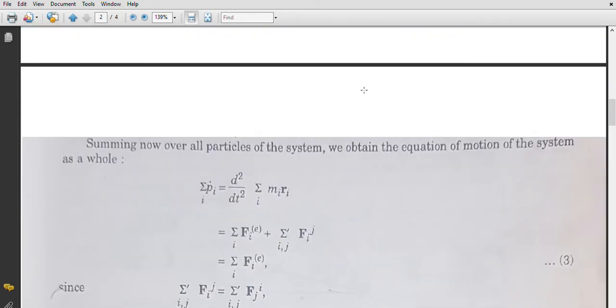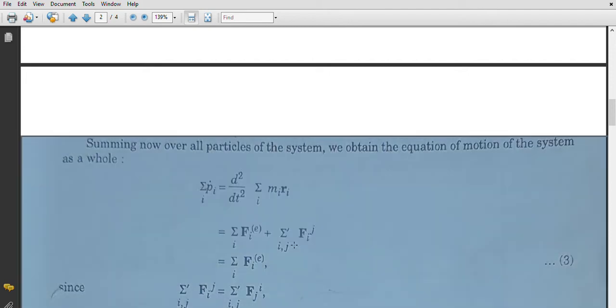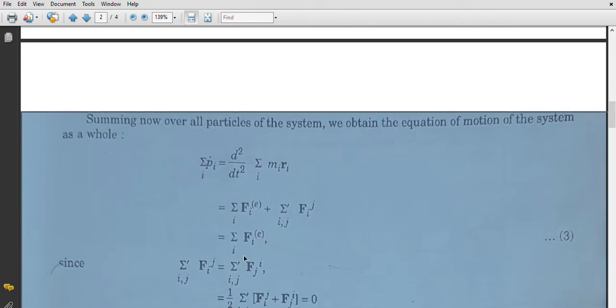Hence, the summation of Fij will be 0. Here the prime denotes that i cannot be equal to j because no particle exerts force on itself. So Newton's second law is: summation of Pi dot is simply equal to the summation of external force acting on the particles.